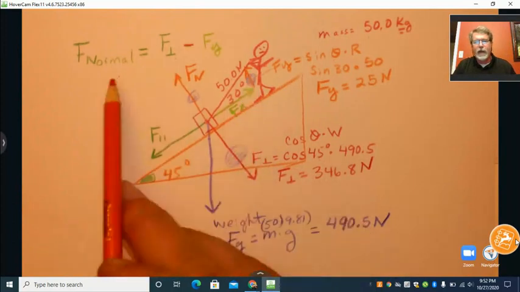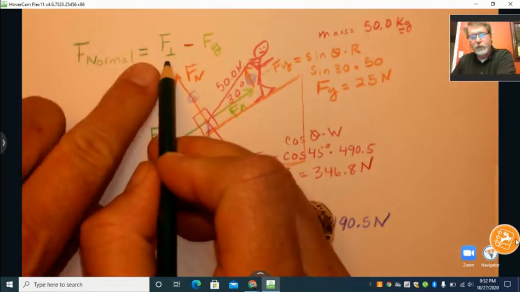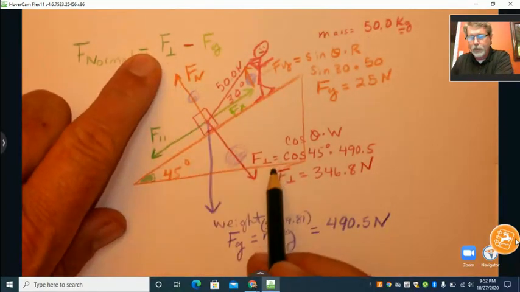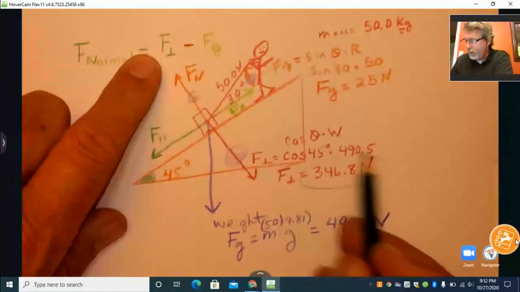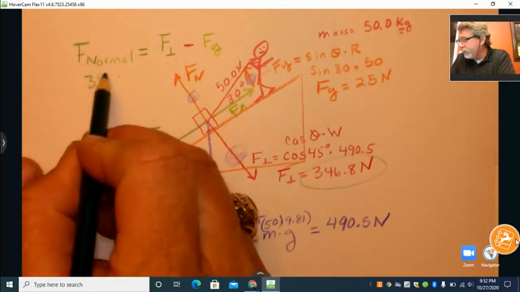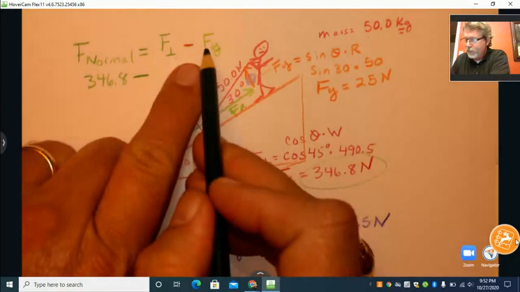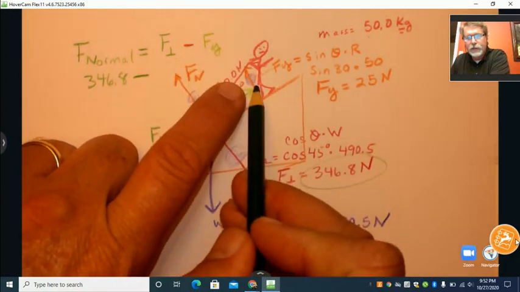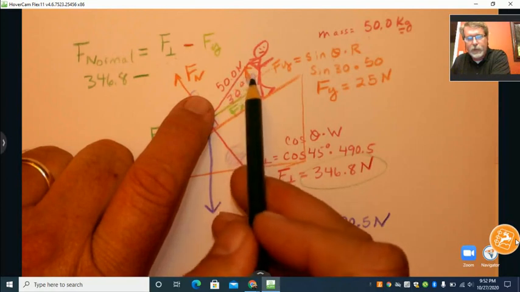So we're ready to finalize force normal. So force normal equals the force perpendicular, which is the cosine component of the weight, and we've already solved for that. So 346.8 minus F of Y, which is a component of the 50 newtons, the component at which he's pulling with.